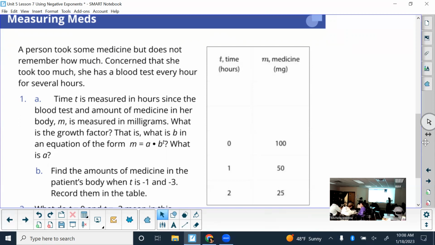So looking at just the output, what's the pattern? Don't say it out loud. Just look at it. All right. Table 7, what's the pattern in the table?